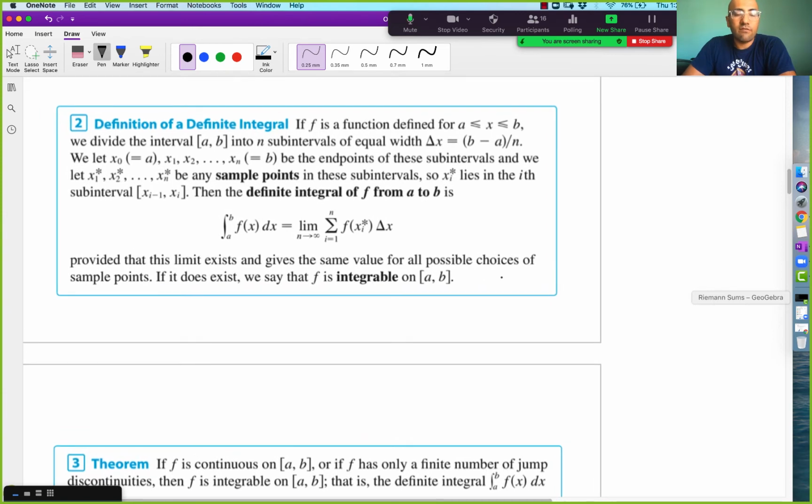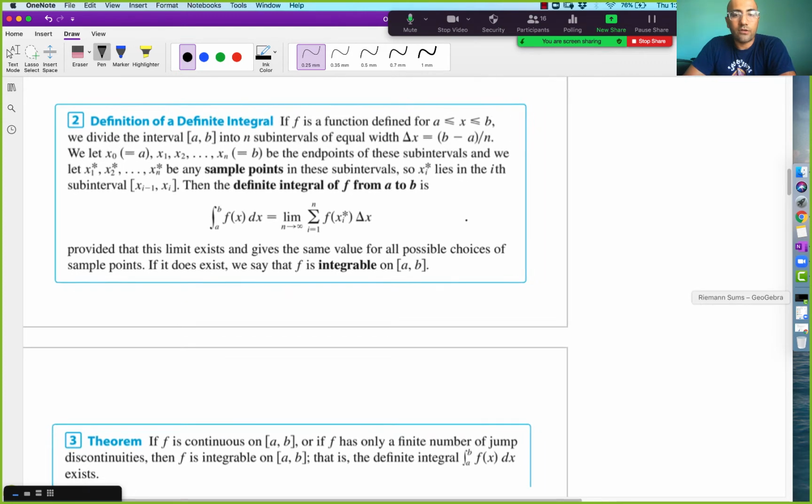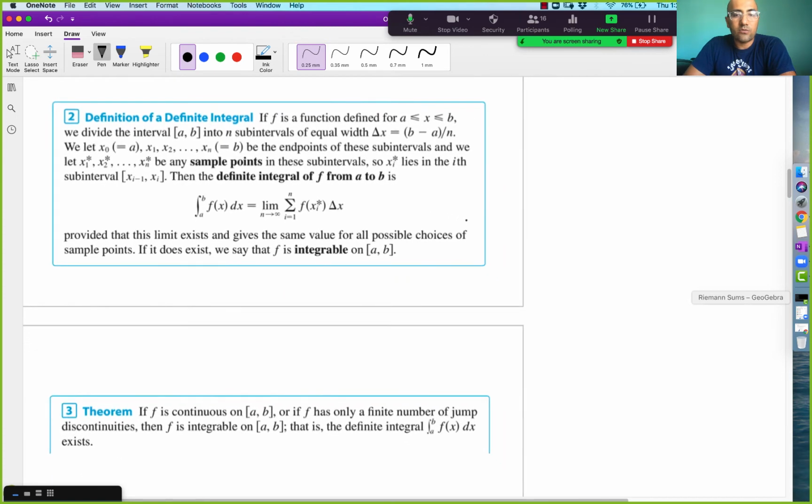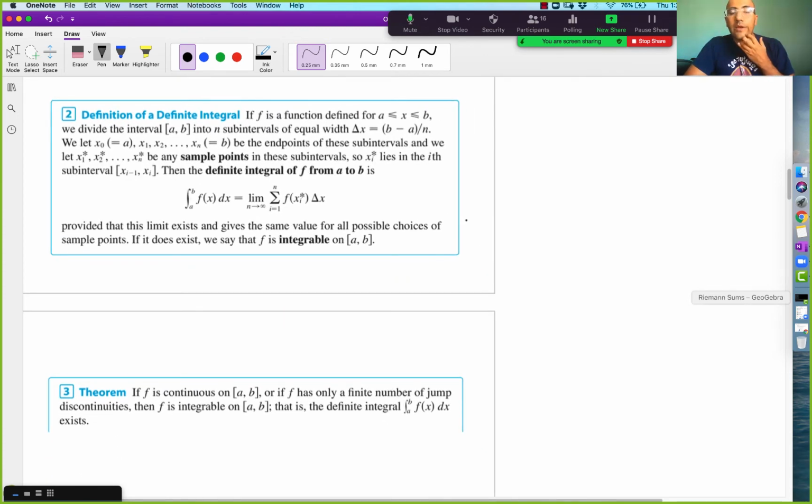If f is a function defined for x between a and b inclusive, we divide the interval from a to b into n subintervals of equal width, where each rectangle has a base of (b minus a) divided by n. That's where that delta x is. So in this initial description of the area underneath the curve, we stick to cases where we have rectangles of equal width, but that's not always required.